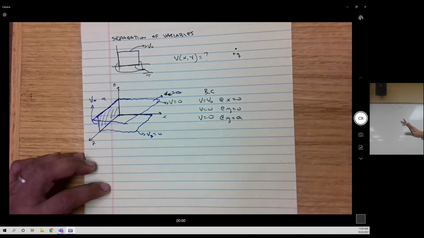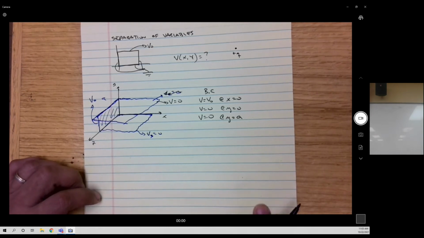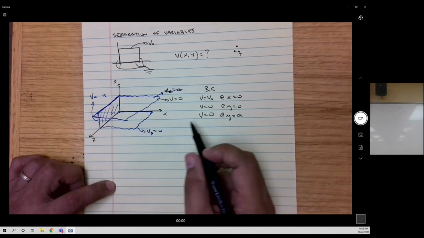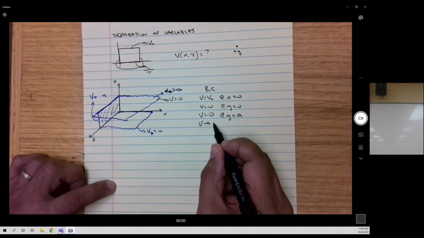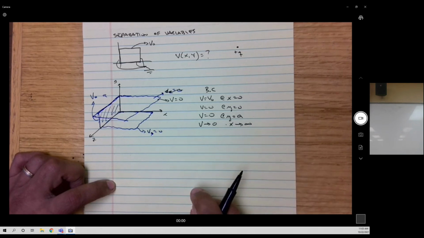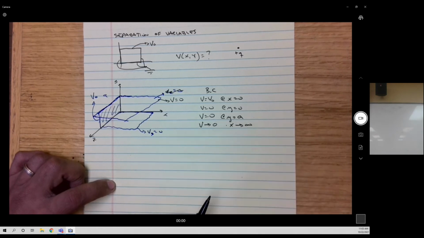If you are really, really far away, the electric potential is almost going to be 0. So we can say something similar here: the electric potential is going to get closer to 0 when X goes to infinity. And this will be our final boundary condition.